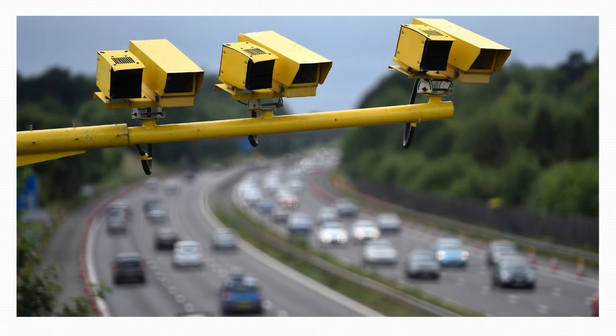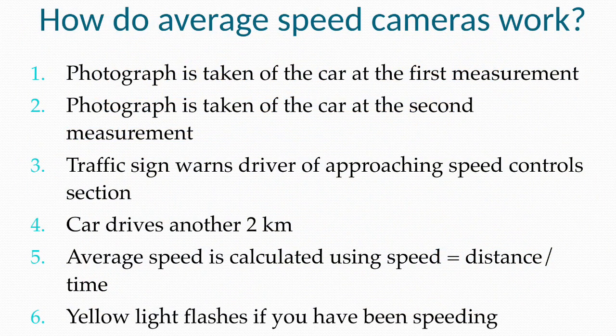Now I would like you to try and work out how average speed cameras work. These are cameras set up on the motorway at different intervals, and they will work out your average speed between the cameras. Here are 6 statements that explain how the average speed cameras work. All you need to do is rearrange them into the correct order and then write them down in your books.